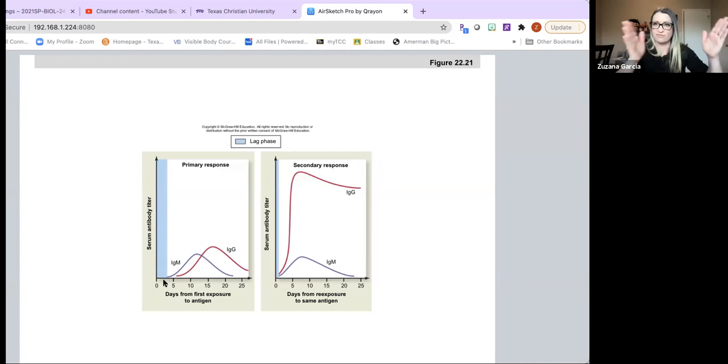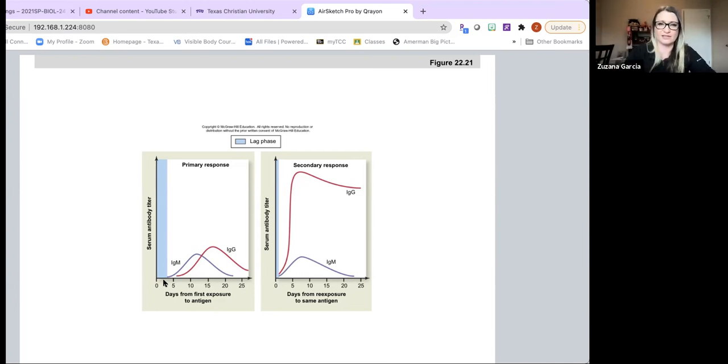So there's that lag phase, because remember, first we go through innate immunity, so even that takes several days. Once your adaptive immunity is activated, now you're creating those cells and those antibodies. So it takes several days for antibodies to start being formed.